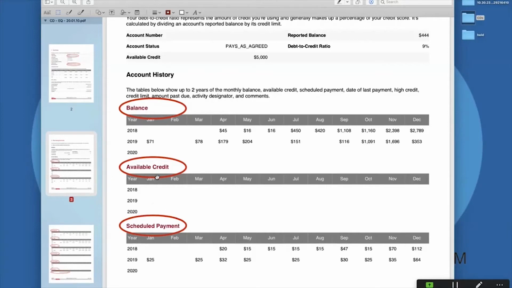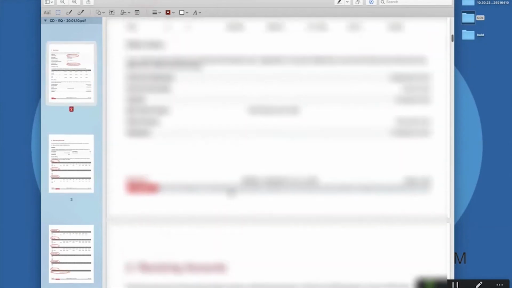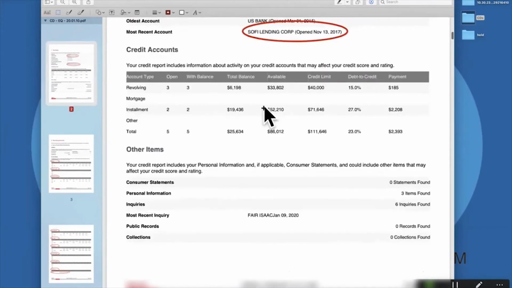Now, in most of the credit reports that I've reviewed, the available credit, even on a revolving account, is not reported here because they're giving a general summation of all of the available credit in the snapshot of when you pull this.